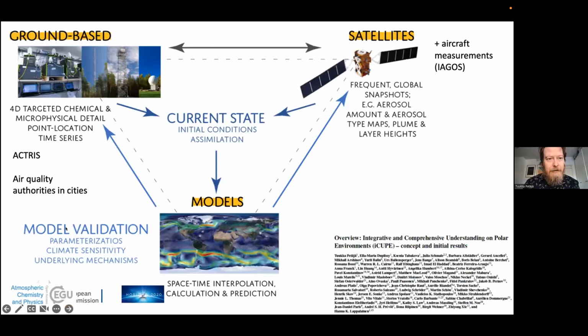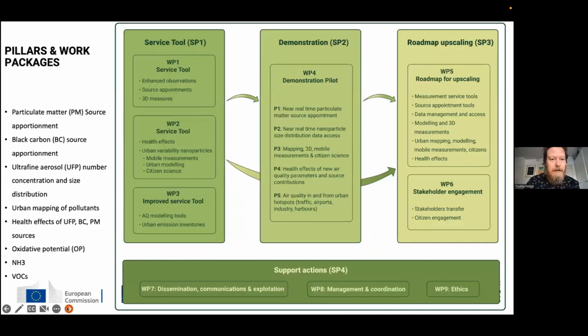So we need comprehensive observations and models, and this is also in the background of RI Urbans: to use all the potential measurement capacities and tools to understand the processes and different sources of air pollution in urban areas.